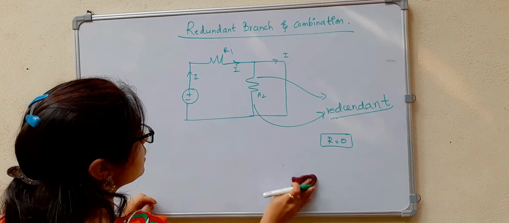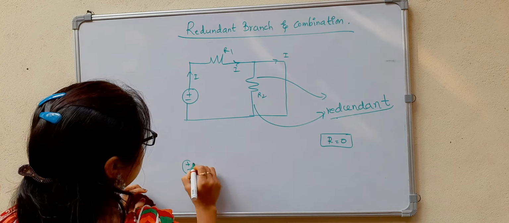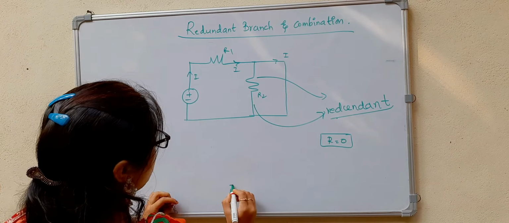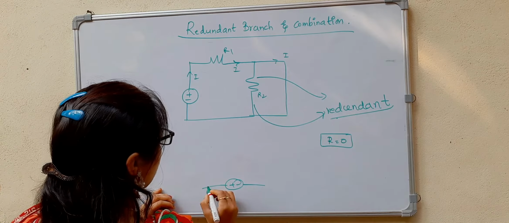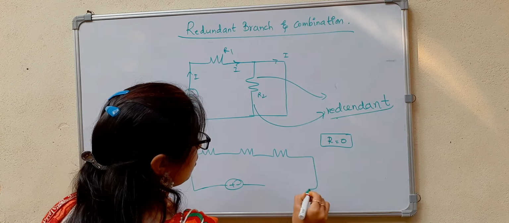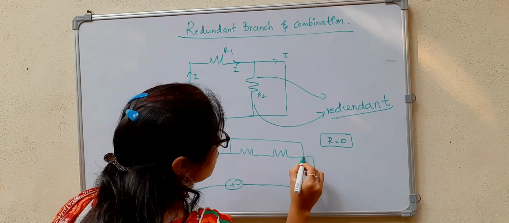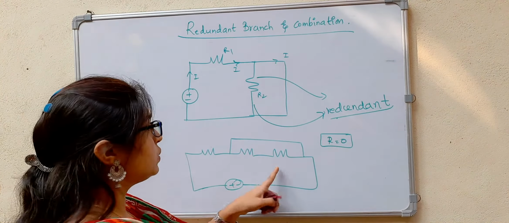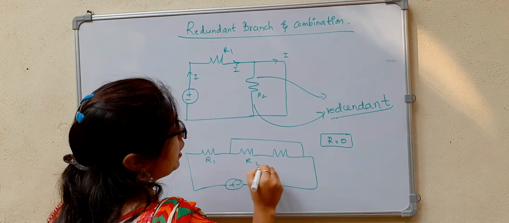So we can also consider another type. There is a voltage and we have a combination of resistances. And here we have a short circuit across these two resistors, R2 and R3.